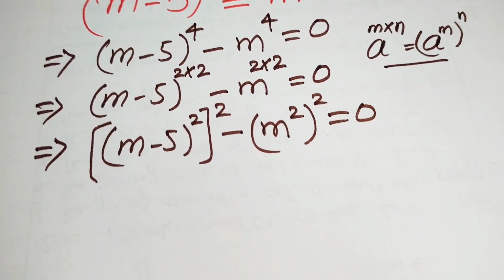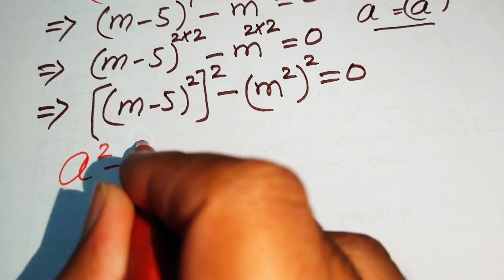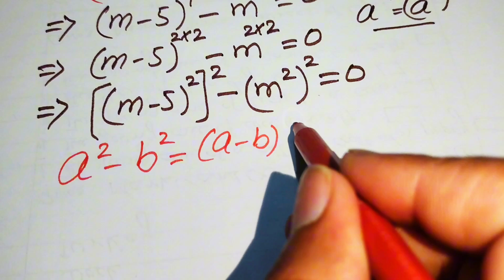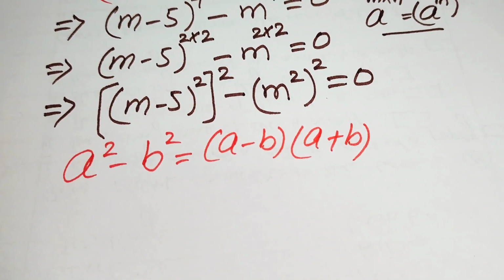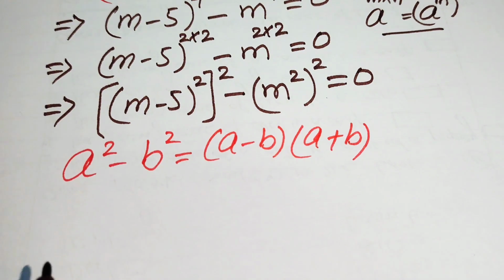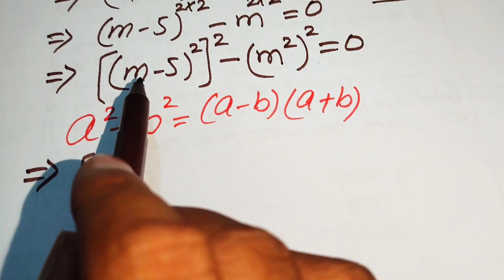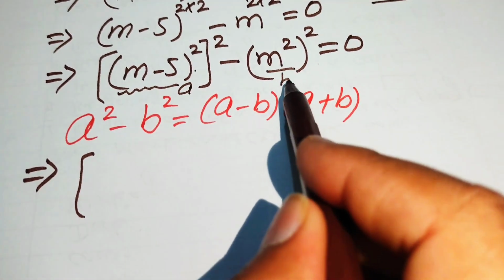After that we use the nice square identity, and we know about this identity: a^2 - b^2 = (a - b)(a + b). So here we use this identity on the left hand side of the above equation. Our a is (m - 5)^2 and our b is m^2.